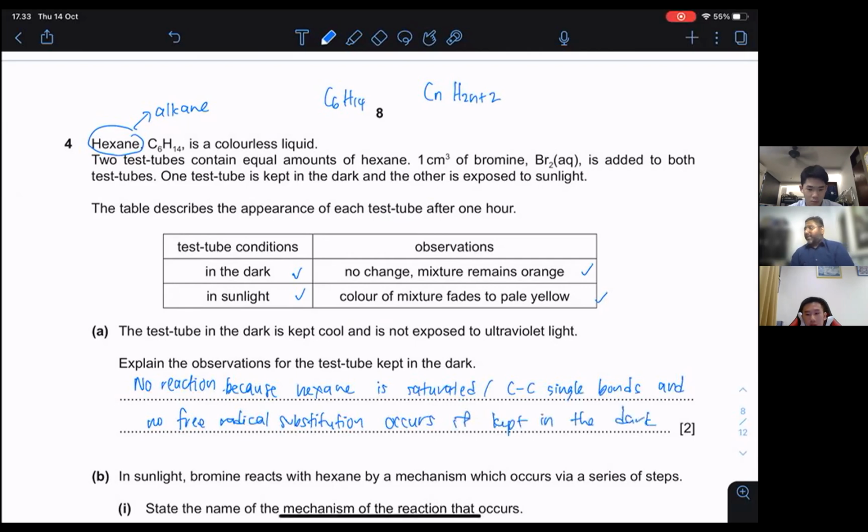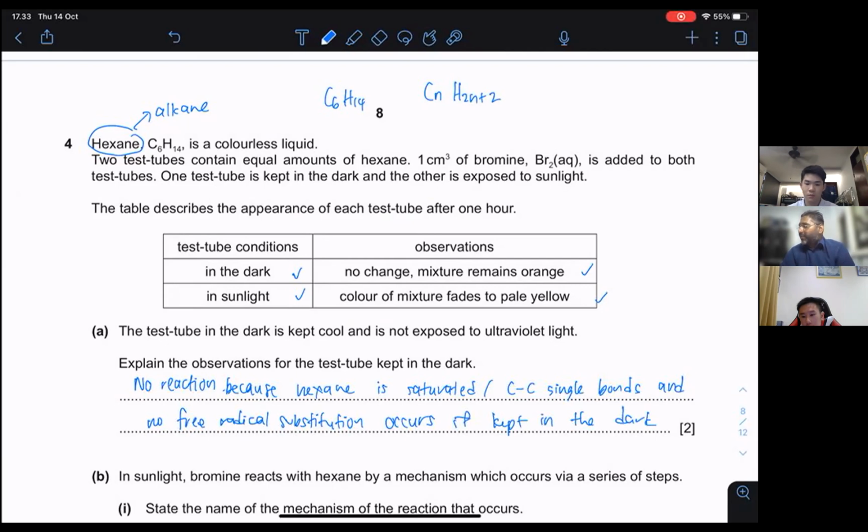Let's see what they are expecting. The answer they are expecting is slightly different. They say no reaction. Will I get the mark for no reaction? Probably not, because of not enough energy. It means they want me to explain more. Just simply saying no free radical substitution is not enough.